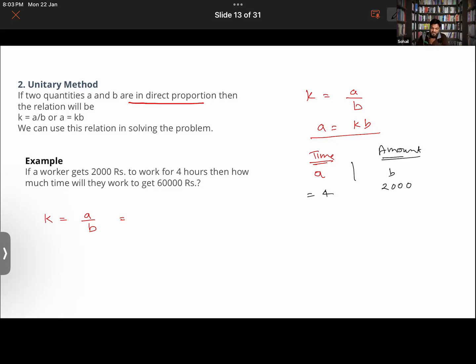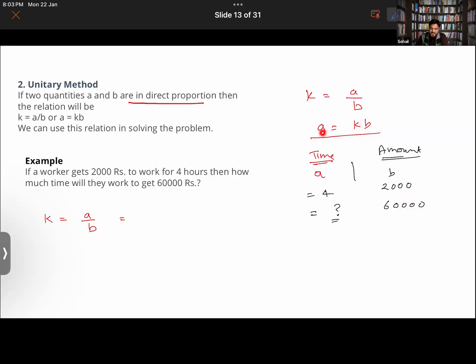Now further question says that in order to get 60,000 rupees, how much time he has to work for? So a यहाँ पर X missing है. So let's first of all हम k find करेंगे. Why? Because b is already given. ये b हमारे पास given है.